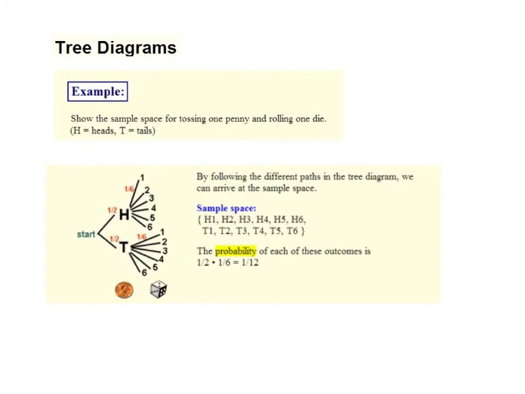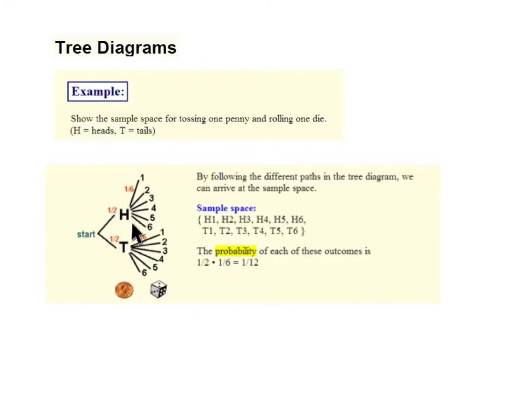And then for each head, you would have 6 possibilities for the die. And so here is your sample space: heads with a 1, heads with a 2, heads with a 3, etc. Tails with a 1, tails with a 2, tails with a 3, etc. And so the possibility would be 2 times 6, which is 12. So the possibility of any one of these outcomes would be 1 out of 12 of the outcomes.